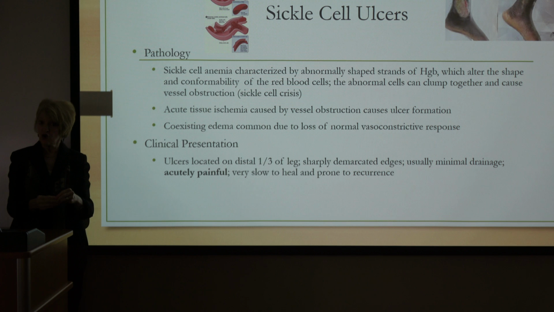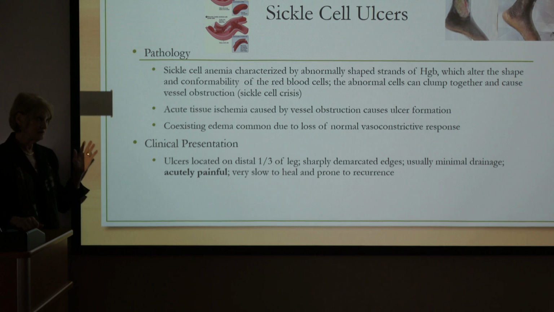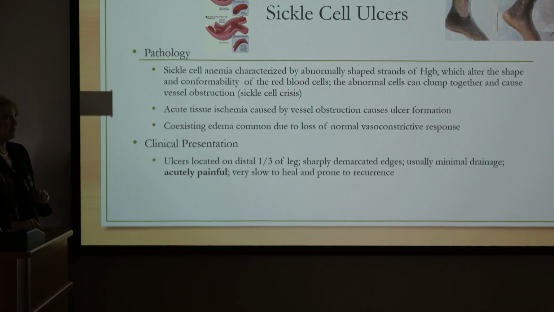During periods of crisis, these abnormally shaped cells tend to clump together and occlude the vessel and cause acute tissue ischemia. That can occur out in the soft tissues and create ulcerations. It can occur within the joints and trigger severe pain, can cause damage in the eyes. So this sickling effect, this clumping effect, can cause multi-organ damage.